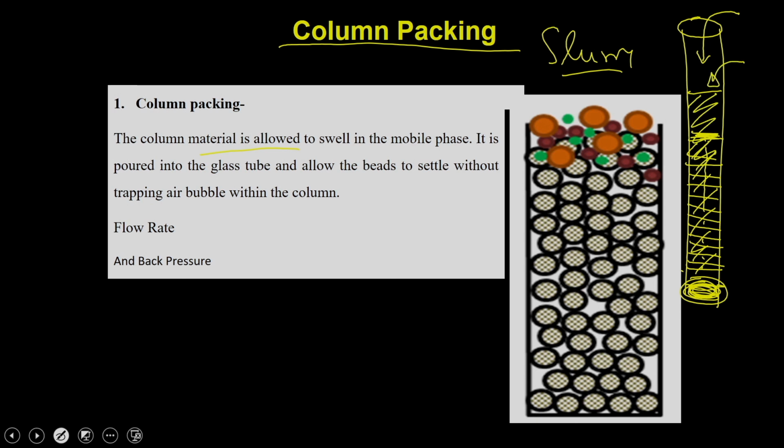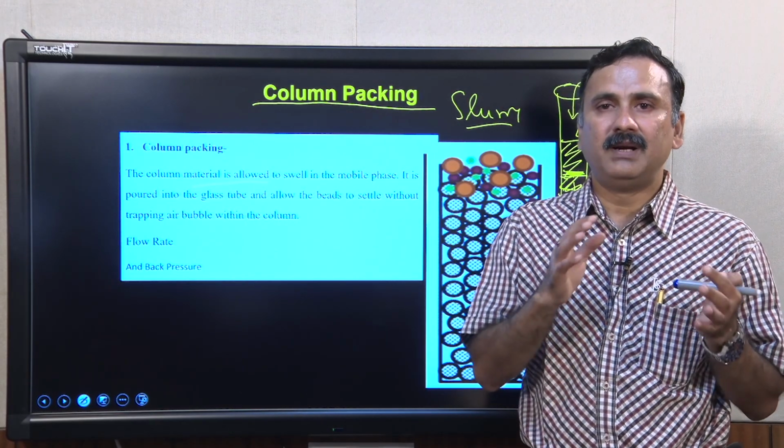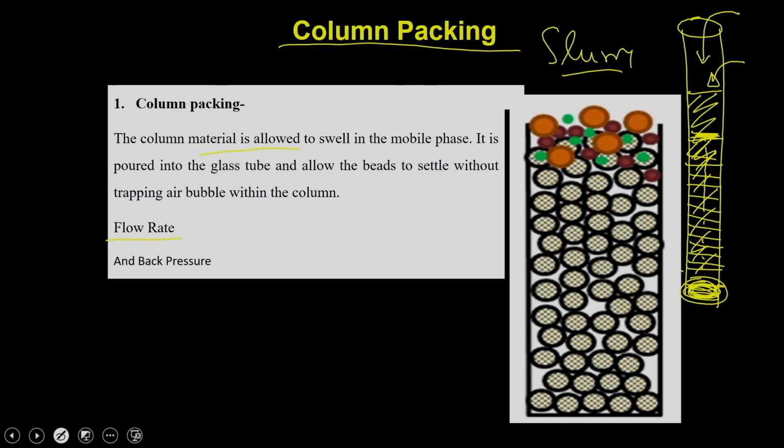Now, if you would like to pack the columns, you have to consider multiple parameters. For example, the flow rate, because of the flow rate at which you would like to run the gel filtration chromatography at maximum. The basic principle is very simple. Suppose I want to run this column at 1 ml per minute. Then I will pack this column at 5 ml per minute flow rate.